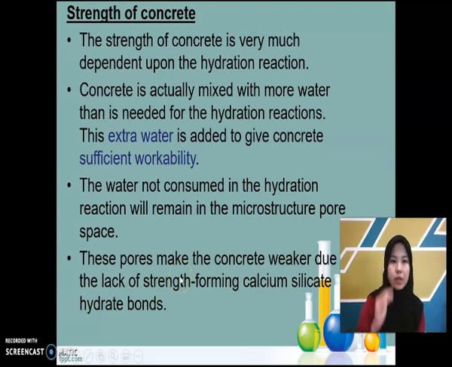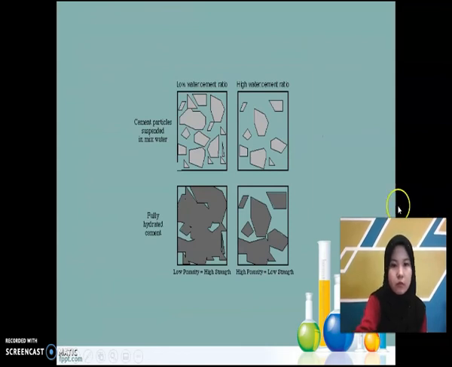So this will make the concrete less strong but with sufficient workability. Okay, you can see here when the concrete has low porosity, it has high strength, and when it has high porosity, it will have low strength.